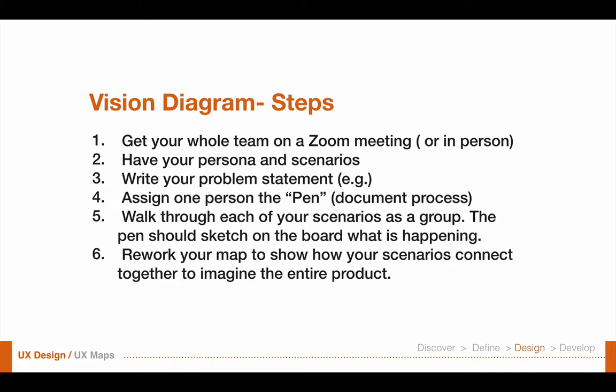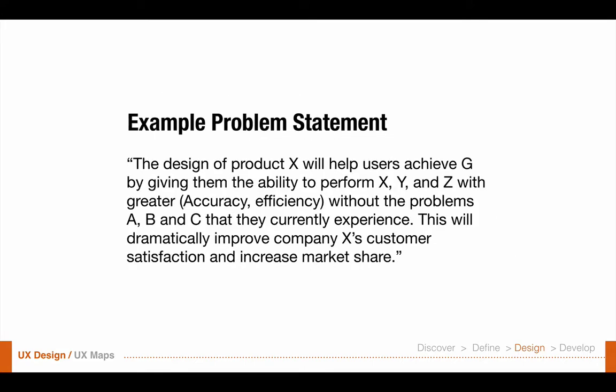In this part, we're also going to write a problem statement. We haven't done this, but it's not that complicated. Here is an example of what a problem statement is supposed to be.